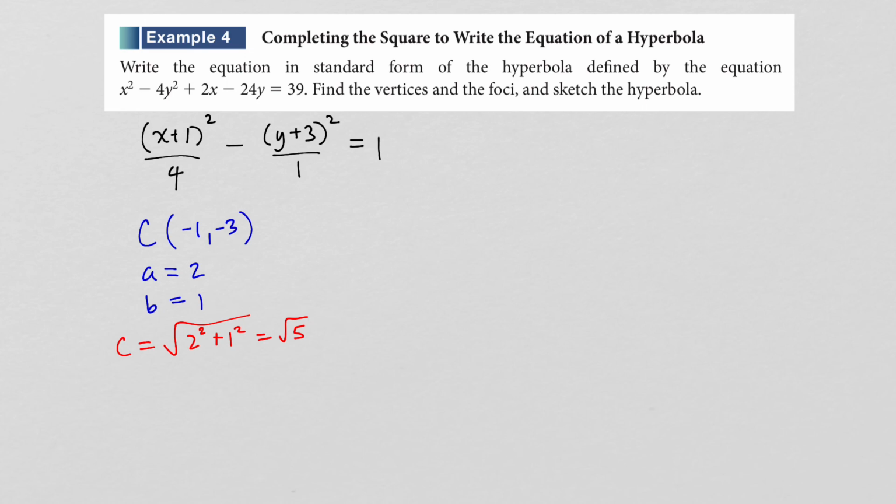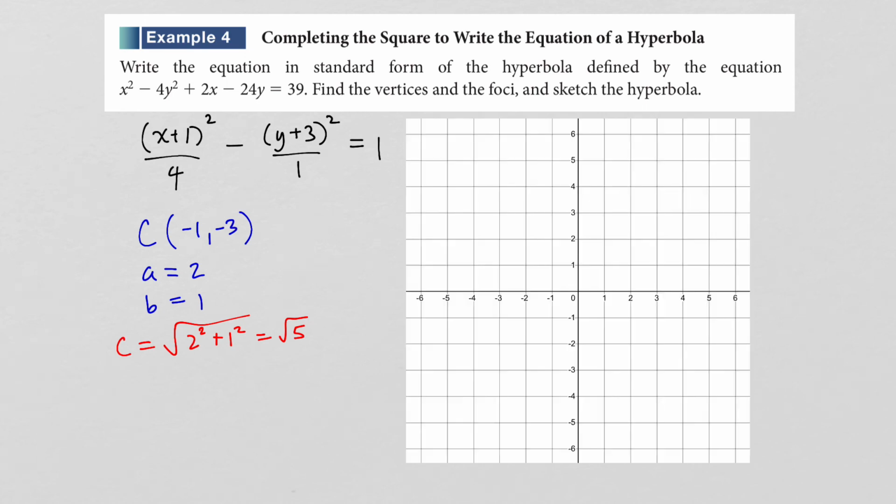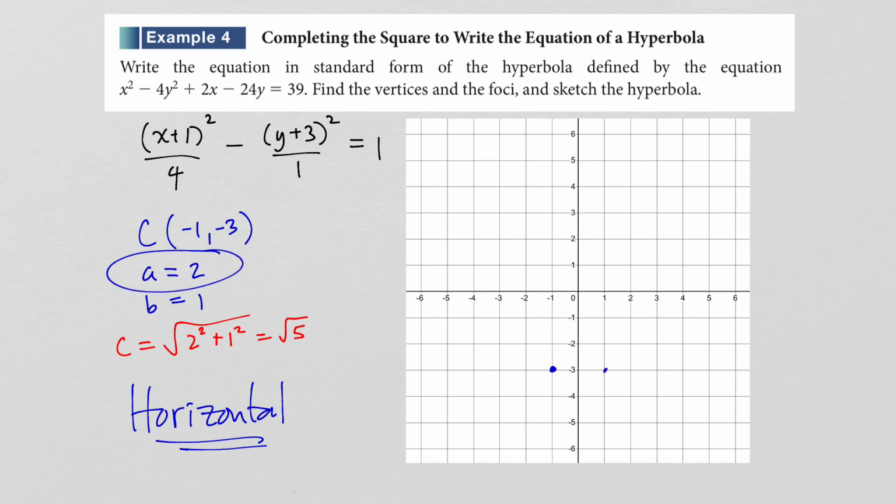Now, let's go ahead and bring in a graph. And let's put down this important information. So the center is at -1, -3, which is right here. We know that this hyperbola is horizontal. And it's horizontal because the x variable appears first. So that means it opens side to side. So from this center, we need to go a units to the right and a units to the left, so 2 units each direction.